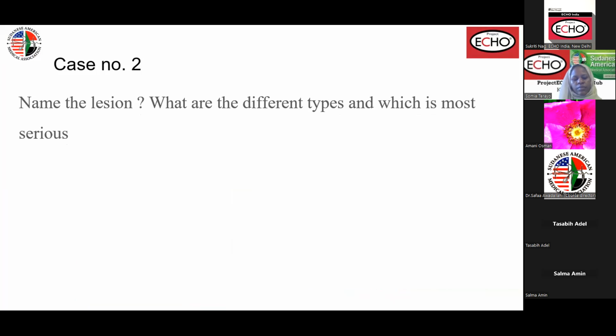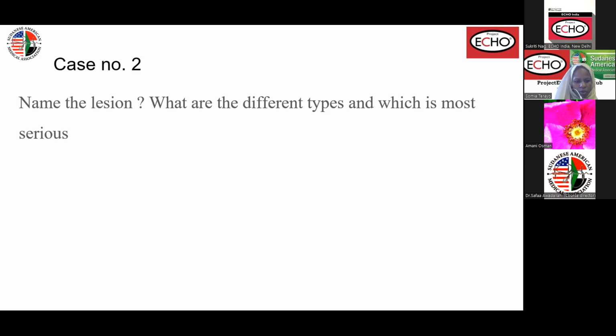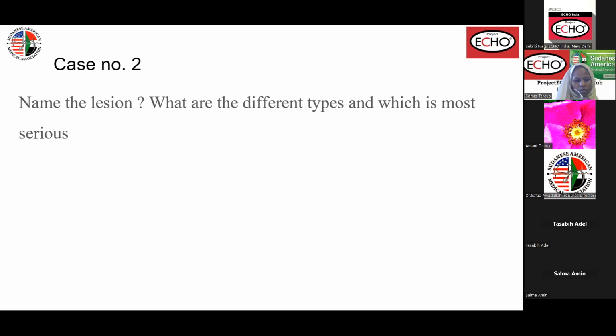I want you to tell me the different types of the condition that you can see and which one is the most serious in your opinion. You will have some minutes to think about it. Feel free to post your answers in the chat box below, or you can raise your hand and use the microphone.